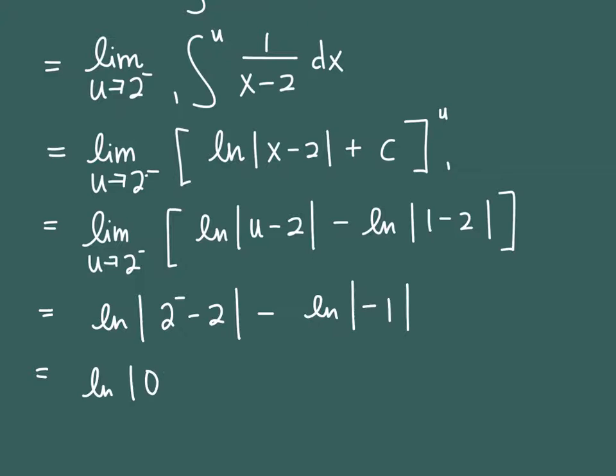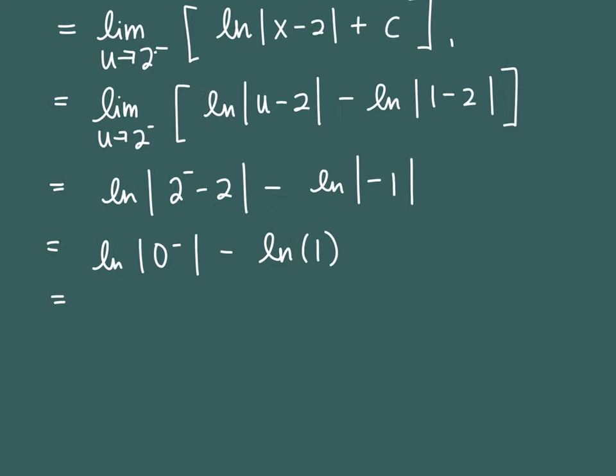So the natural log of 0 minus, and minus the natural log of 1. Now what's the absolute value of 0 minus? 0 plus. So the natural log of 0 plus minus 0.